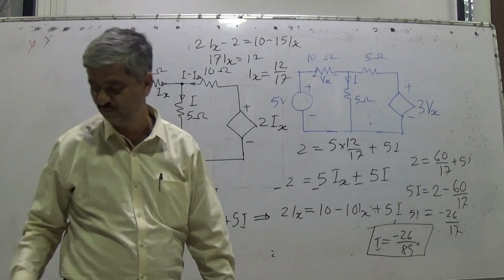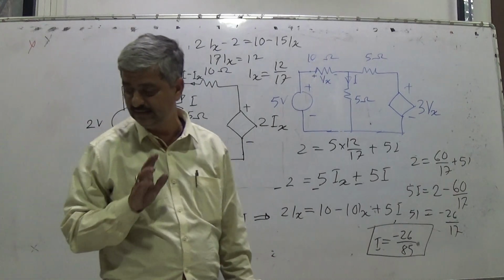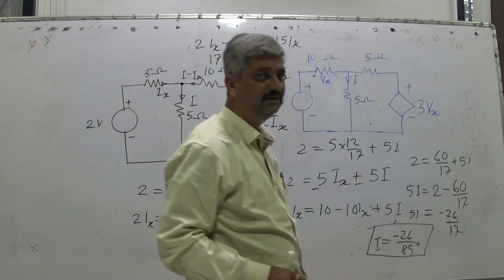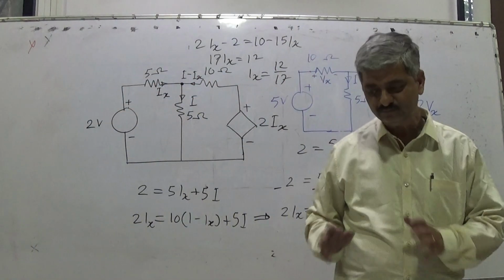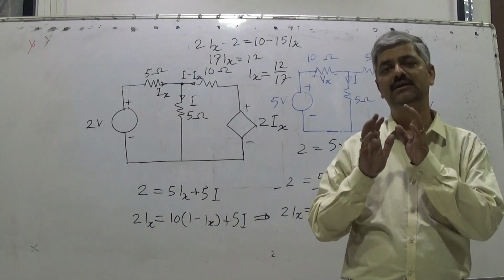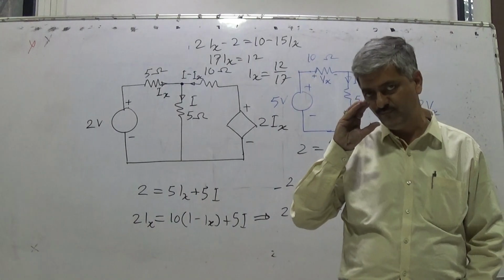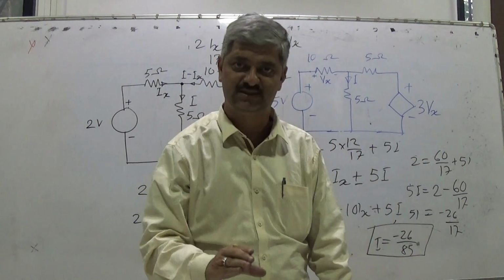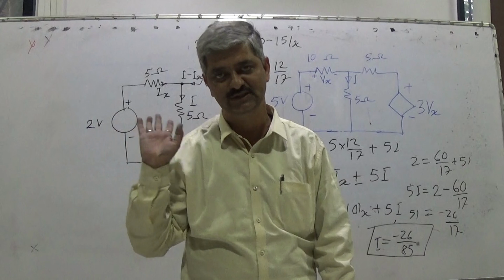So this is what we talk about as a dependent voltage source. This is a dependent voltage source, wherein the value of the voltage source is not fixed, which was the case for independent voltage sources.